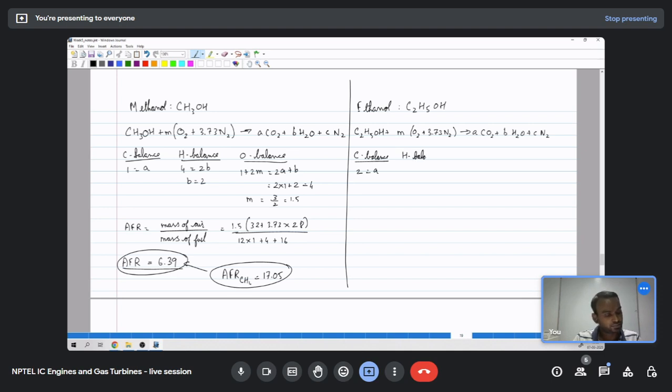Then with the hydrogen balance, I have 6 on the left hand side, and on the right hand side I have 2B, that means B is equal to 3. Then with oxygen balance, I have 1 plus 2m, similar to the previous case, on the left hand side, and then I have 2a plus b on the right hand side, and 2a plus b will become 4 plus 3, which is 7. So value of m will be 3.